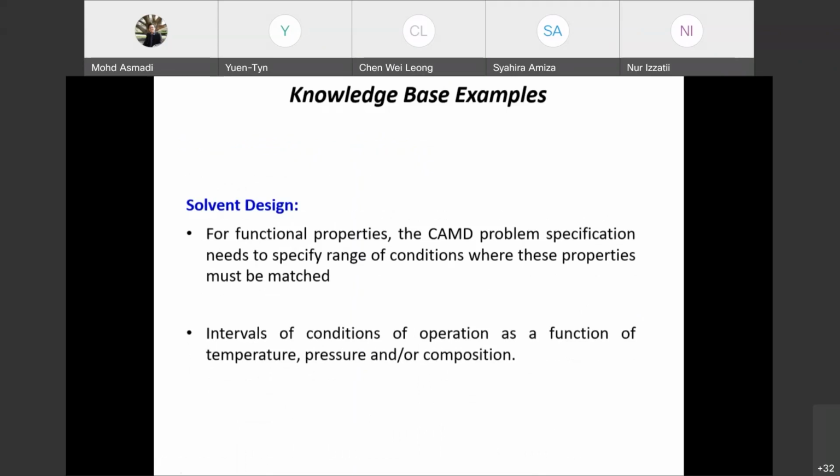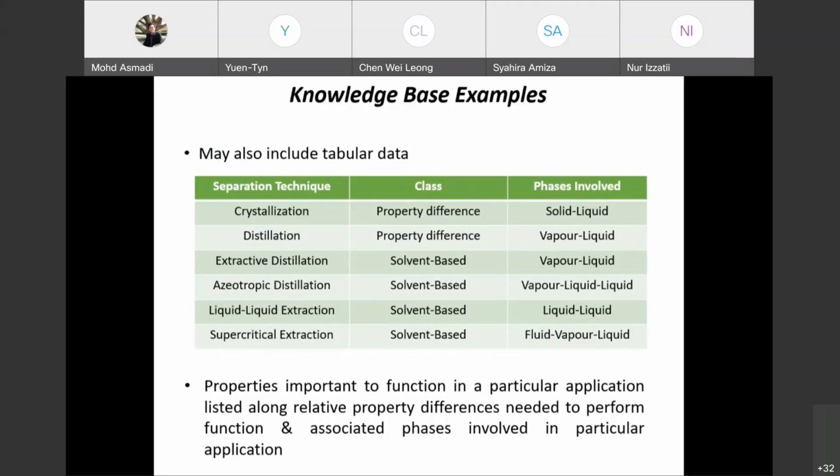If you look at here, for the crystallization, class is property difference. Phase involves solid and liquid, so properties important to function in a particular application are listed along with relative property difference.